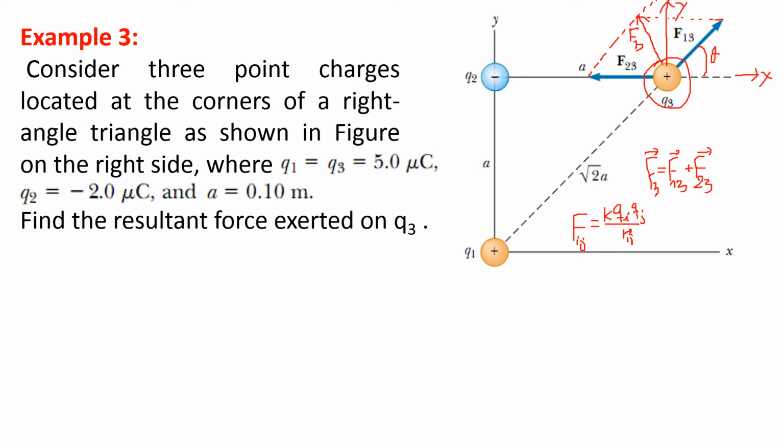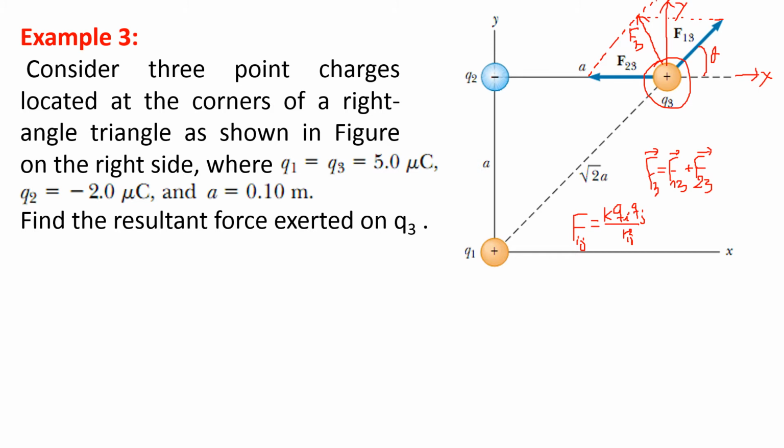Then here it is said that this side, the distance between charge Q2 and charge Q3, is equal to a, which is the same as the distance between charge Q2 and charge Q1.